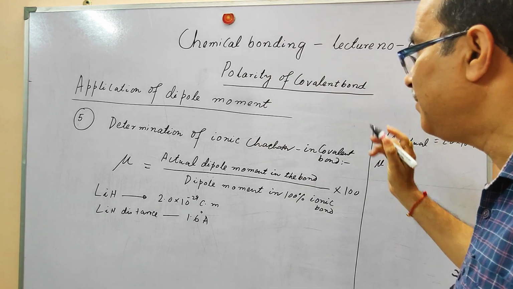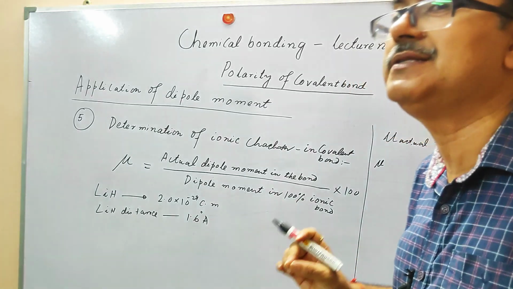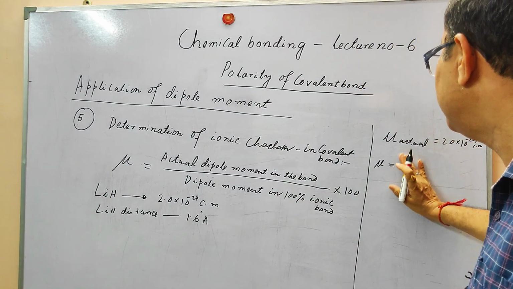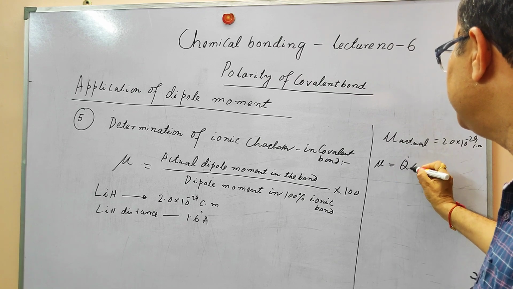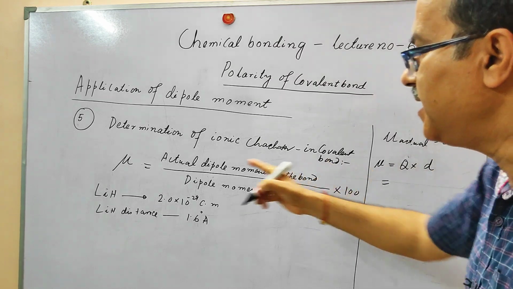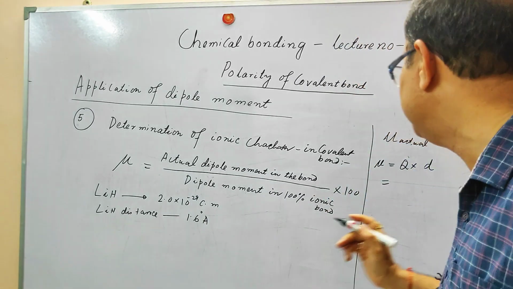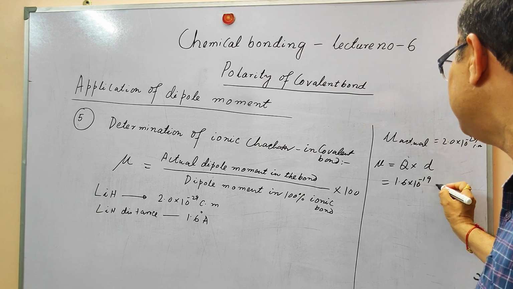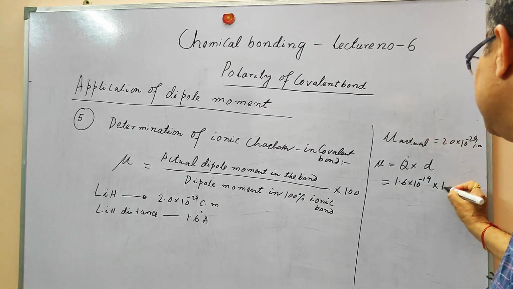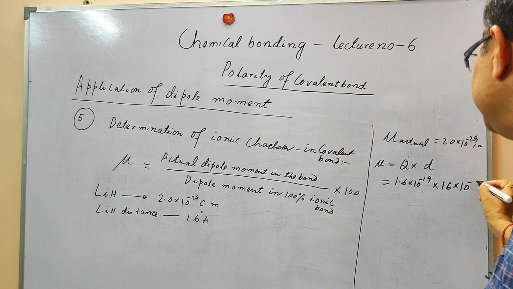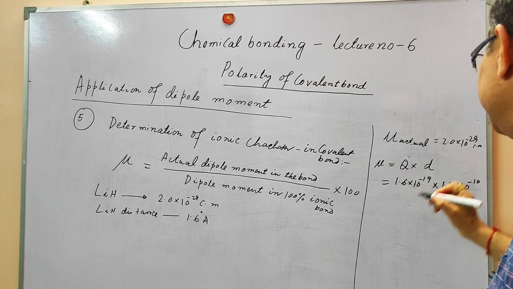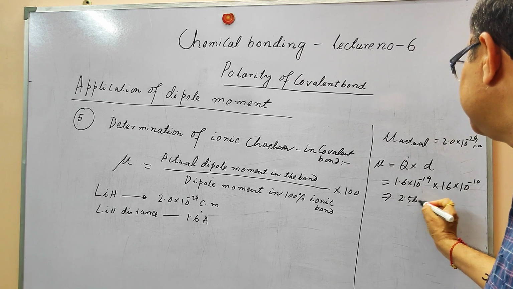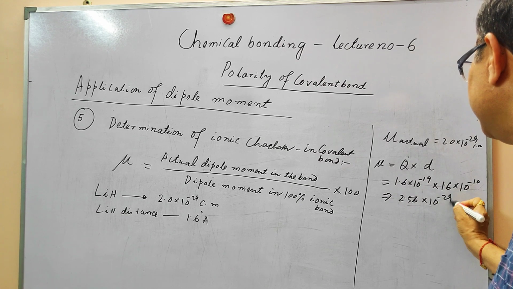Then you calculate it when the bond is 100% ionic, which is Q into D. Here the unit charge is 1.6 into 10 to the power minus 19 coulomb, and the distance is 1.6 angstrom, which we convert into meters, 10 to the power minus 10. So this will be 2.56 into 10 to the power minus 29.